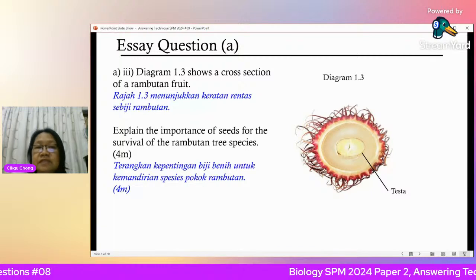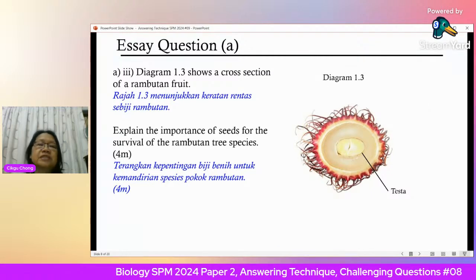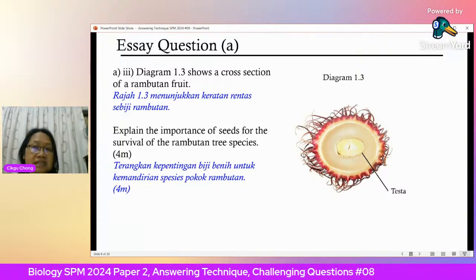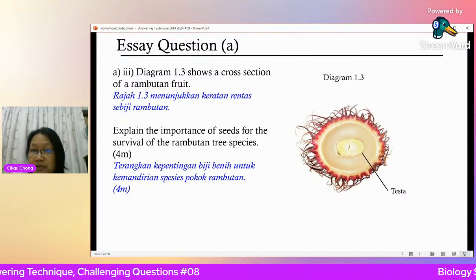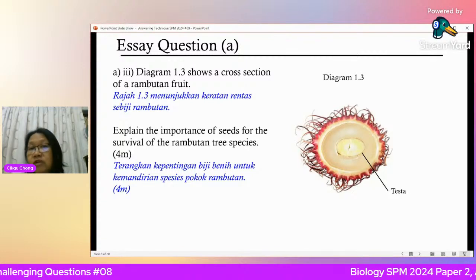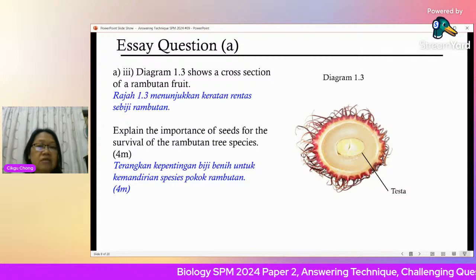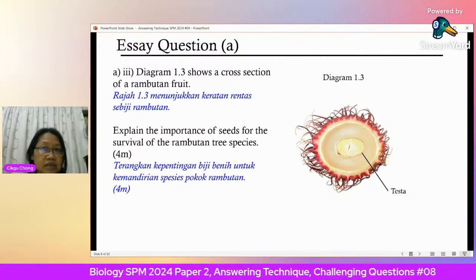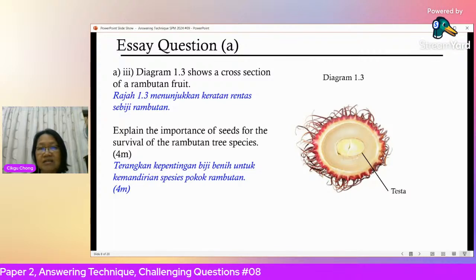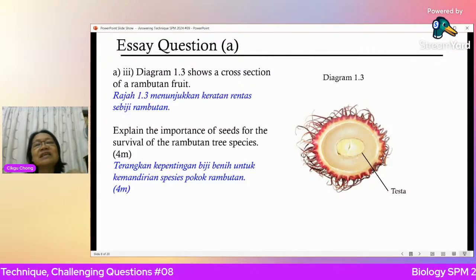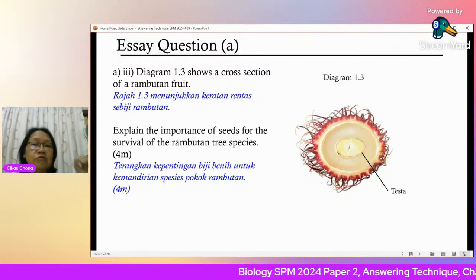So what's the question here? Explain the importance of seeds for the survival of the rambutan tree species. What's the importance of having seeds? You know that the seed contains the genetic material. If you throw the seed from your rambutan fruit into your garden, it may grow into another tree. It's actually the baby of the tree that you ate from. You can grow another plant from the seed.